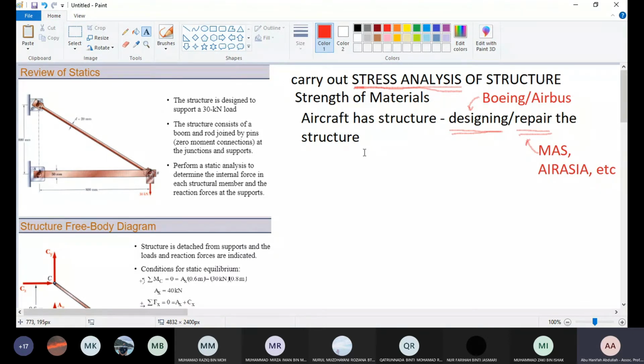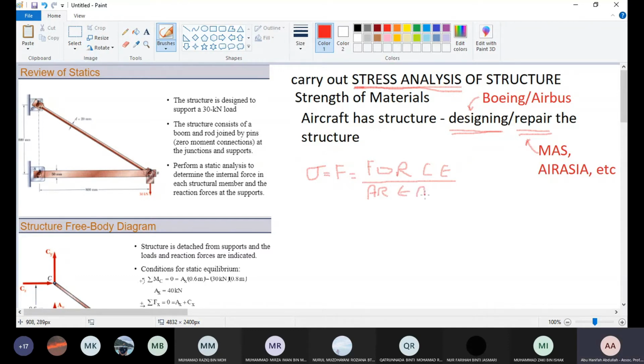Okay. So what is stress? Stress is a very simple formula, sigma, or sometimes they put F, which is force over area.